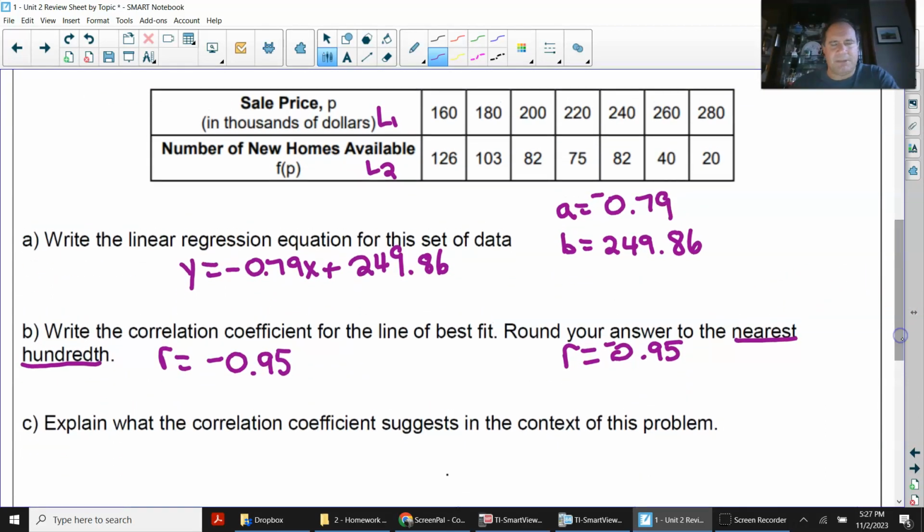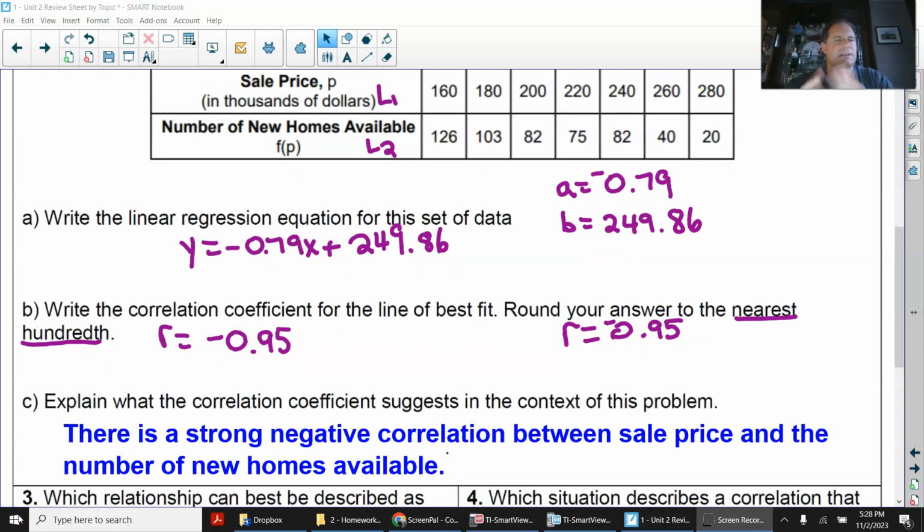So this is very specific of what you have to write. Just remember, you have to explain what the correlation coefficient means in the context of the problem, and they will always have this type of question. And I just wanted to type that off screen. There's a strong negative correlation between sale price and the number of new homes available. It's a strong negative correlation.